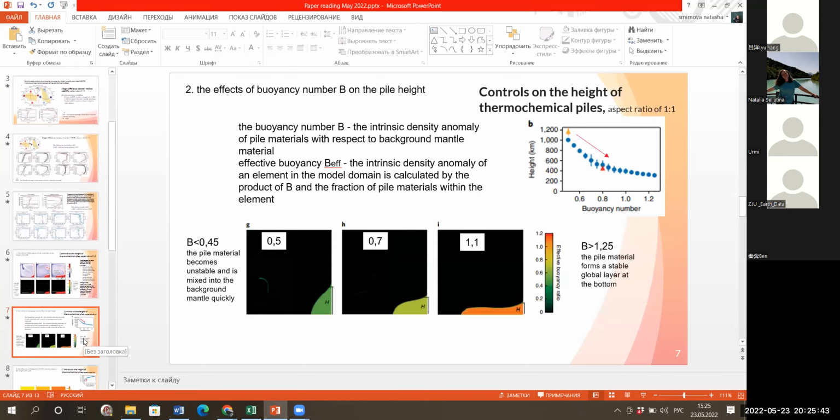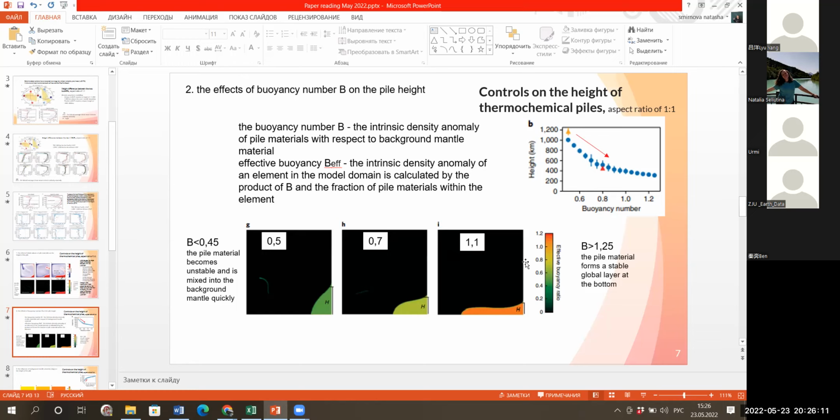Next, they investigated the effect of the buoyancy number B on the pile height. They found out that when B is smaller than 0.45, the pile material becomes unstable and is mixed into the background mantle. And when B is larger than 1.25, the pile material forms a stable global layer, which is, again, not exactly the thing we can see.